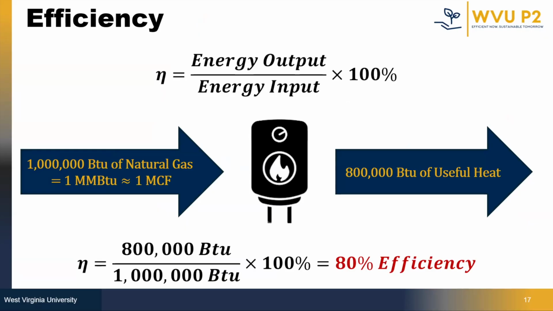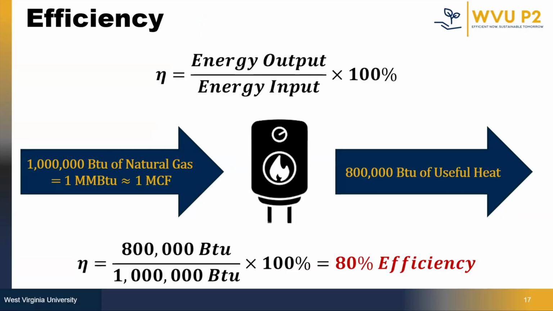For example, let's assume that a boiler has an input of 1 million BTU per hour. That means the boiler will use 1 million BTU worth of natural gas. We usually pay for natural gas by MCF, so that is about 1 MCF. And let's say the boiler has 80% efficiency.